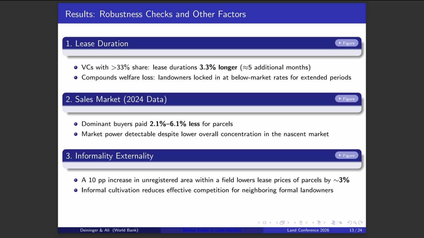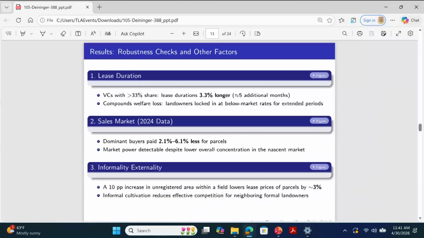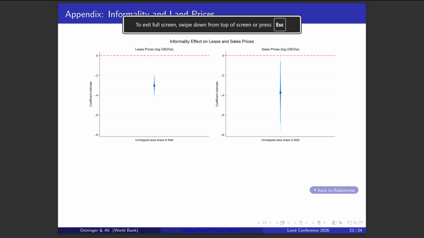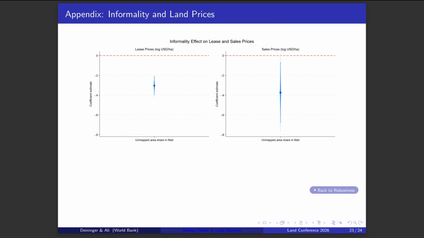The other thing is the informality externality. I think it would be good to show this one. The left panel is for lease, and the right panel is for sales prices.